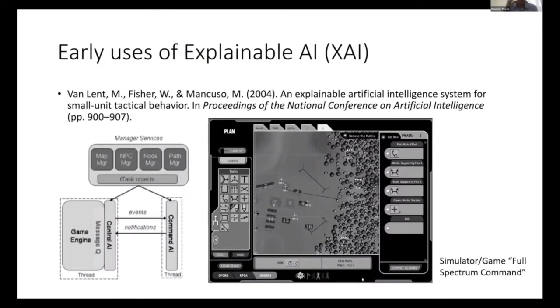I was looking into the literature of first explainability systems, and I was surprised, and maybe not so surprised at the same time, looking at a system used in the military.